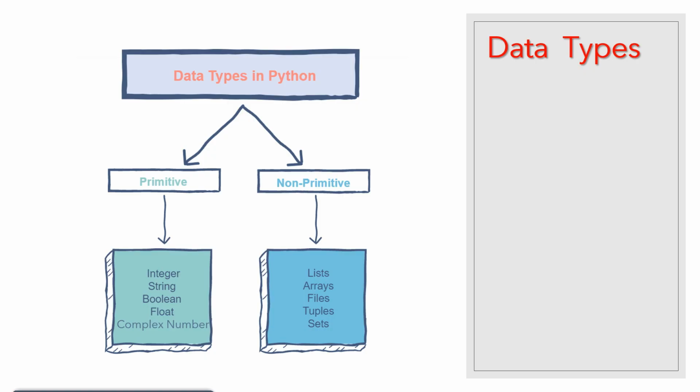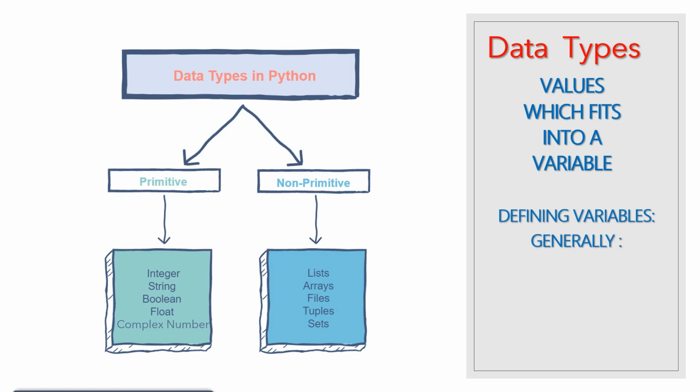Now moving to data types. Data types are the kinds of values which fit into a variable. Defining variables generally, as I've told you already, we declare the data type, variable name is equals to value, with a semicolon ending in many languages like C, Java, etc. An example for this is float x is equals to 20.45.